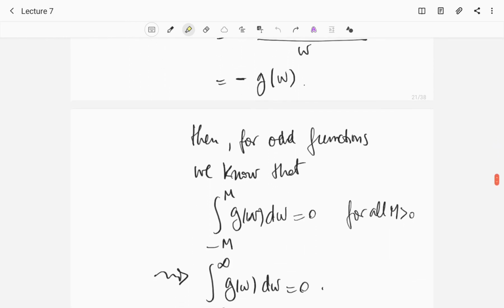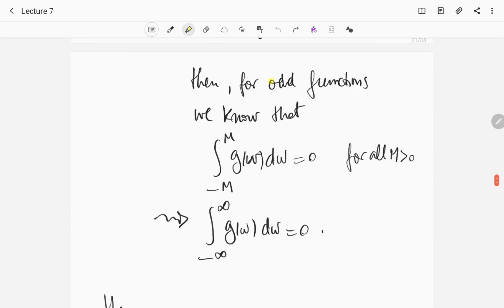And this is exactly what I was saying before: for odd functions, we know that these integrals are equal to 0 for every m, and that, by the definition of this improper integral, automatically implies that the second integral in our expression is exactly 0.